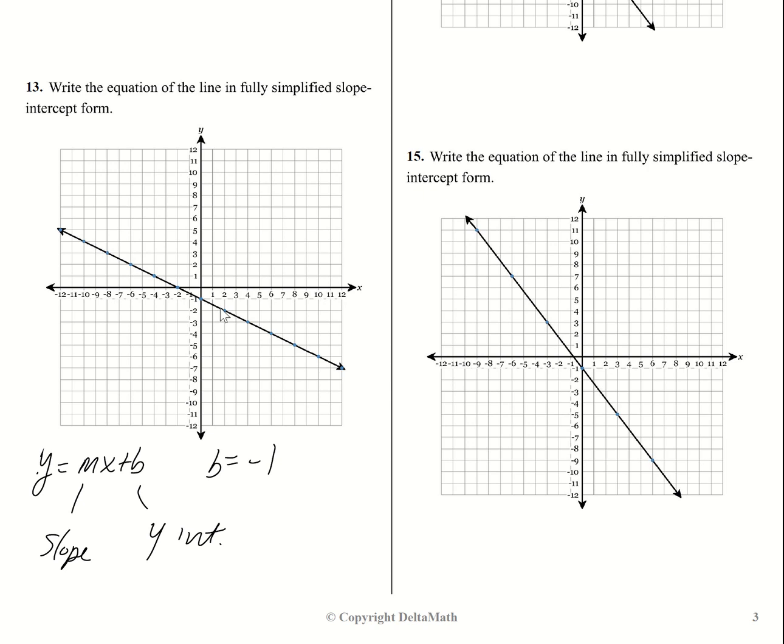So I will just go to the next point from the y-intercept. I go down 1 over 2. So m is equal to down 1 would be -1 over 2, so -1/2. So if I'm writing the equation for this line, y equals -1/2 x minus 1. So y equals mx plus b.